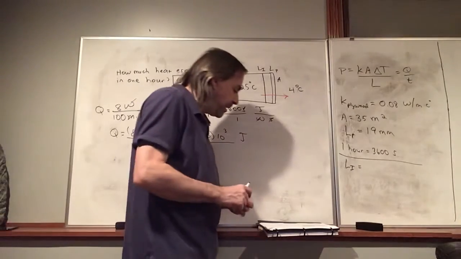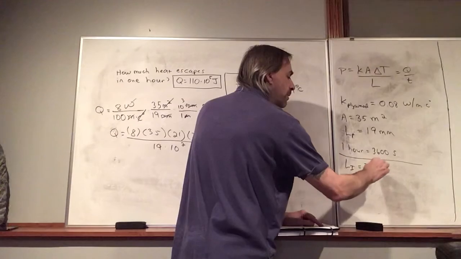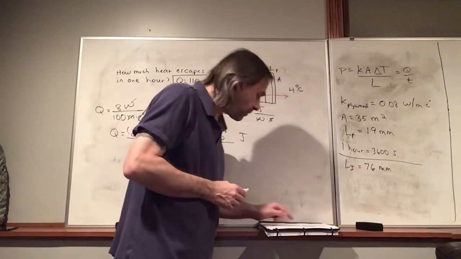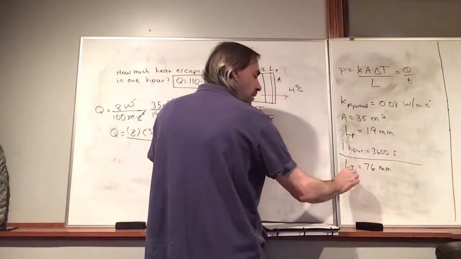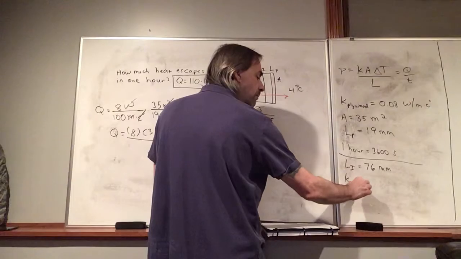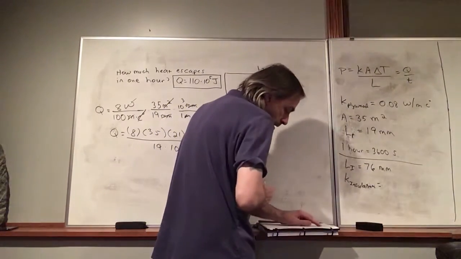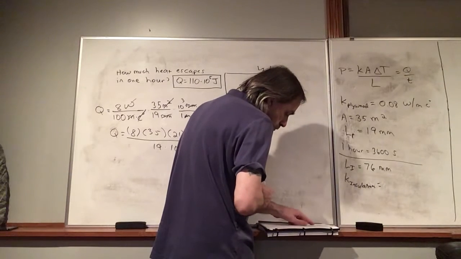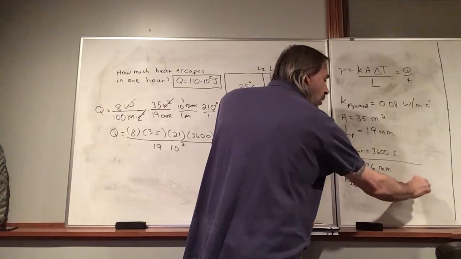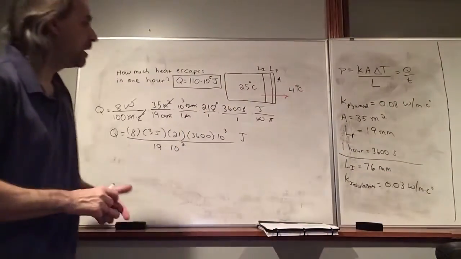But this insulation is going to have a thickness of 76 millimeters. And the thermal conductivity of the insulation is 0.03 watts per meter Celsius degree.